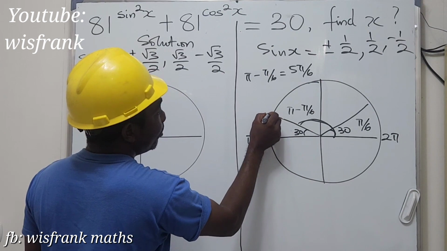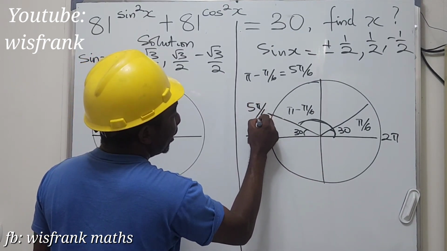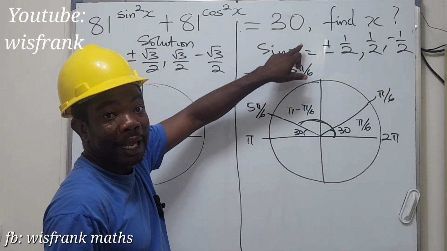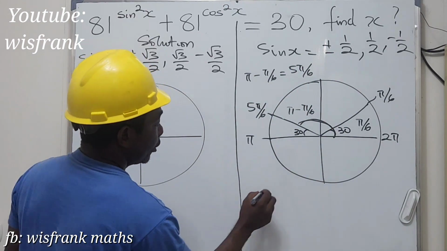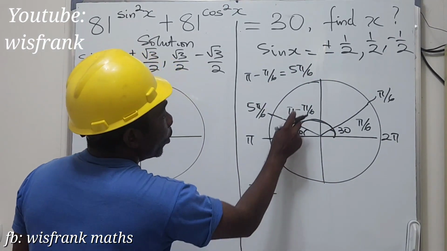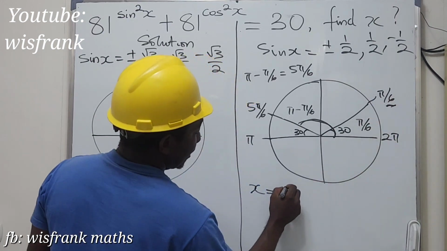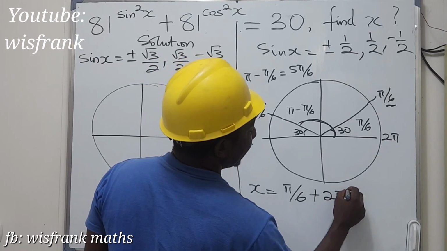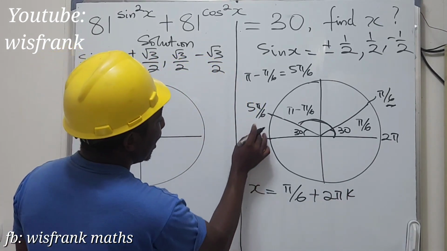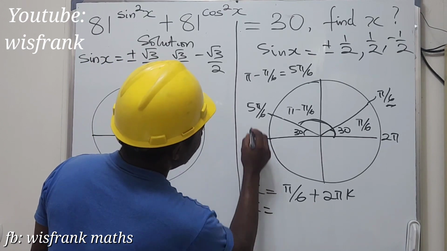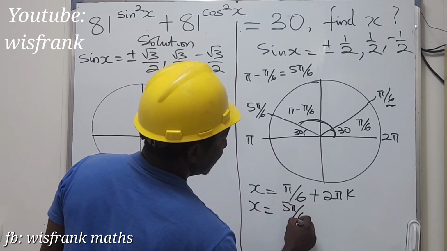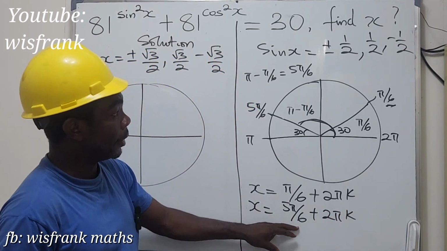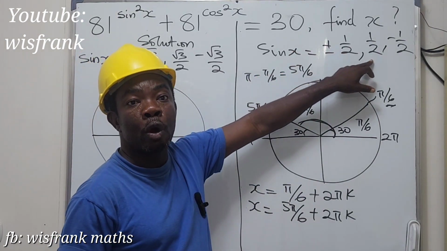At this place we have 5 pi all over 6, and at this place we have pi all over 6. So the value of x for sine x equals 1 all over 2 will be pi all over 6 plus 2 pi k, where k is an integer, and also x equals 5 pi all over 6 plus 2 pi k. These are the two values of x for sine x equals 1 all over 2.